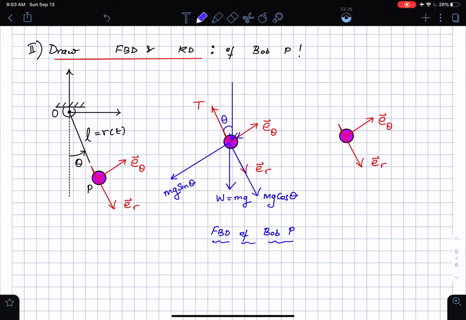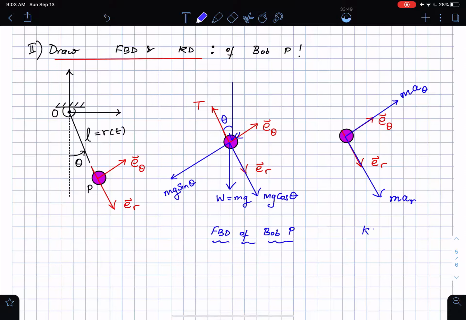Now what do I do in the kinetic diagram? I carry along with the same procedure. In the kinetic diagram I don't draw the tension or anything. Along the e theta direction I draw mass times acceleration in the e theta direction. Along the e r direction, which is what I've chosen as the positive e r and positive e theta, mass times acceleration in the r direction.